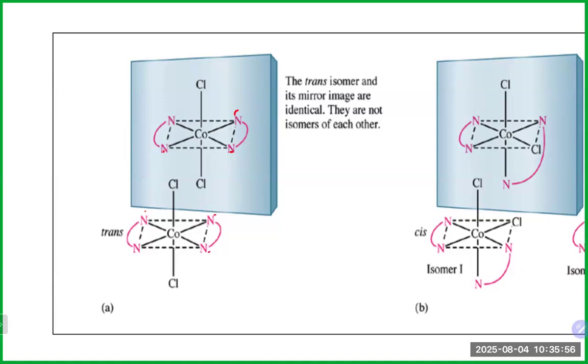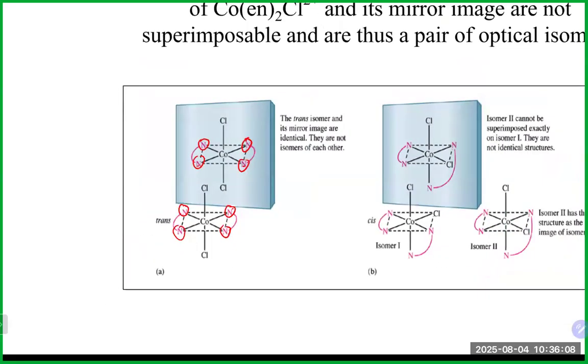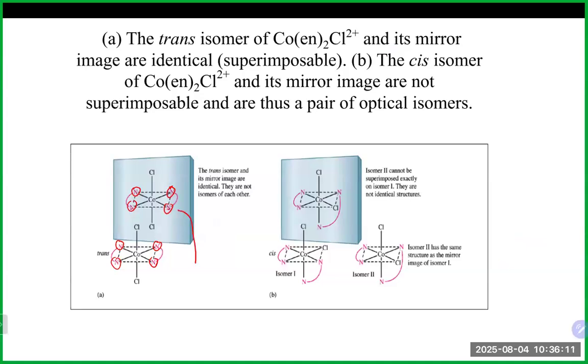But actually we don't mess up any of these bonds. We still have these bonds in the same location. That means when we pull this guy out, we are going to be able to superimpose that mirror image. Everything will line up in this trans isomer.